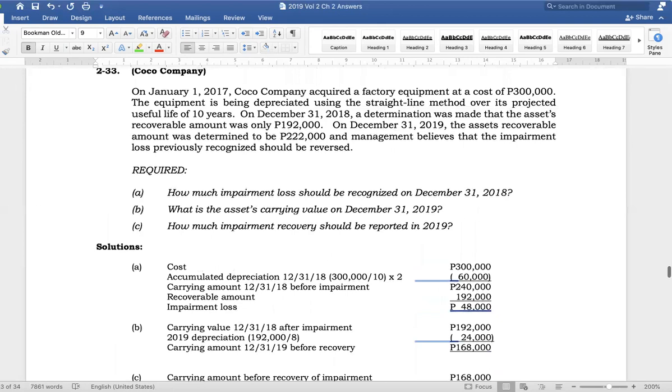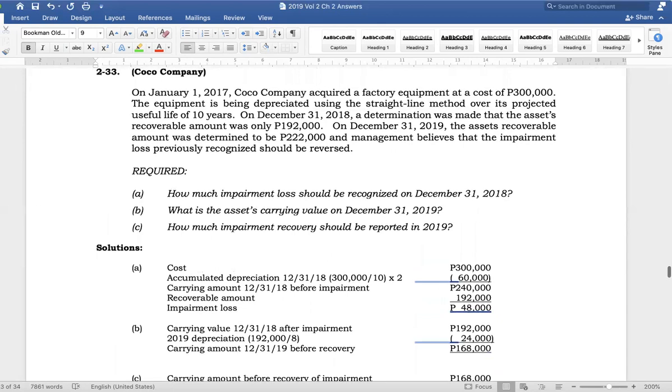So, we compute. Again, compare the carrying value of the asset before impairment with its recoverable amount. So, your cost is 300,000. It's depreciated over a projected useful life of 10 years. So from January 1, 2017 to December 31, 2018 is 2 years. So 300,000 divided by 10 times 2 is 60,000.